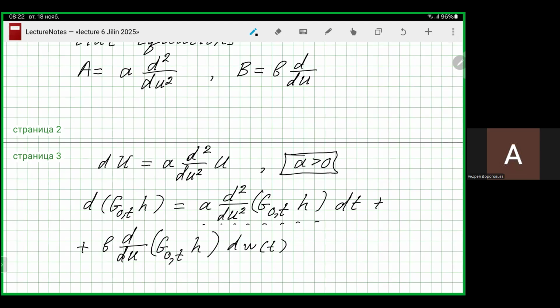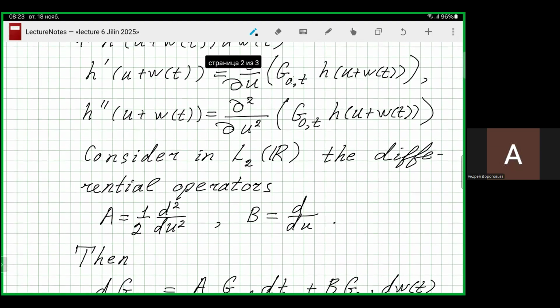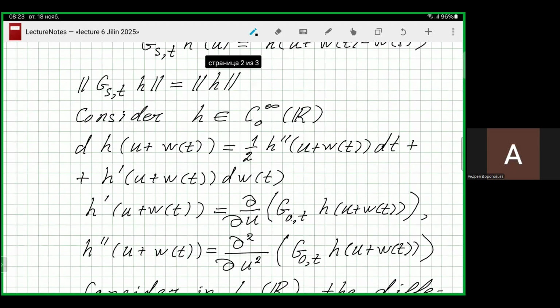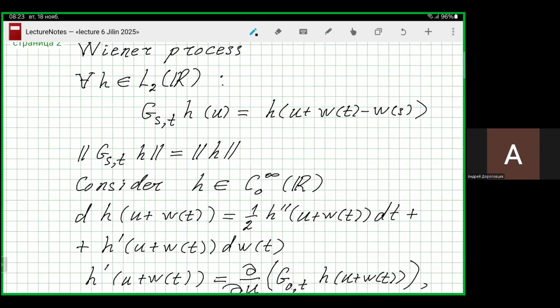We already have a representation which arises when we consider just a shift of a function h on the increment of the Wiener process.